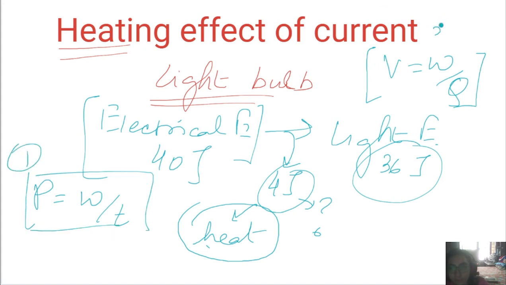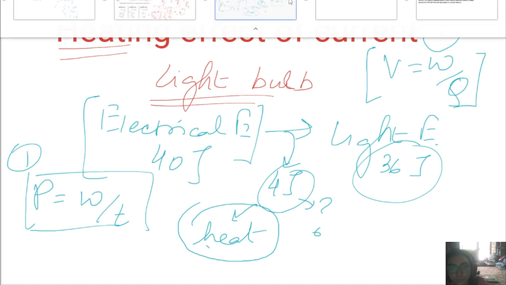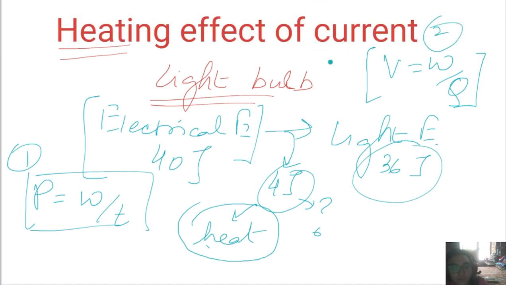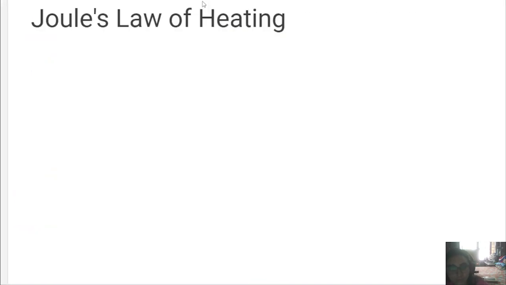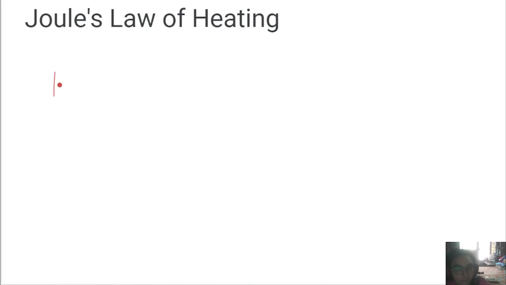This is formula number 2. Right? So now you can understand how we can formulate this here. What I am going to do is write it fresh for easier understanding.